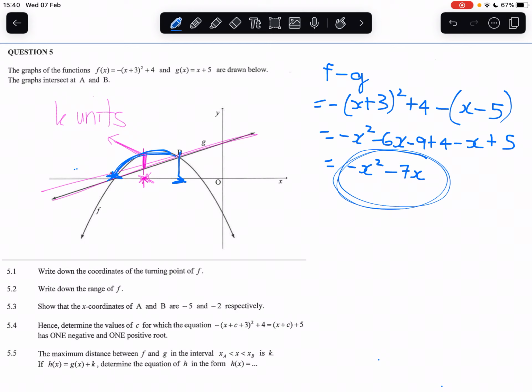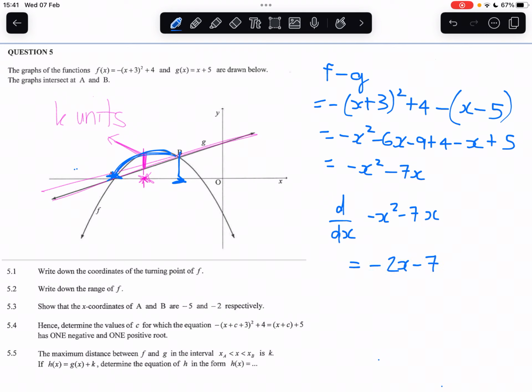Now the question is, at what point is this expression at its maximum? Which value of x maximizes this expression? We can find that by differentiating. The first derivative here is negative 2x minus 7.